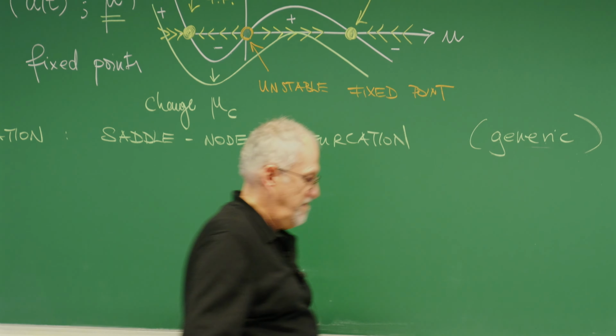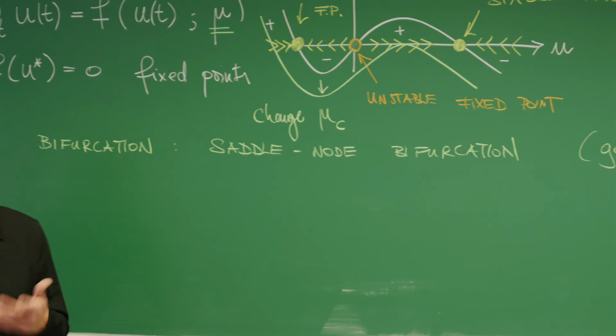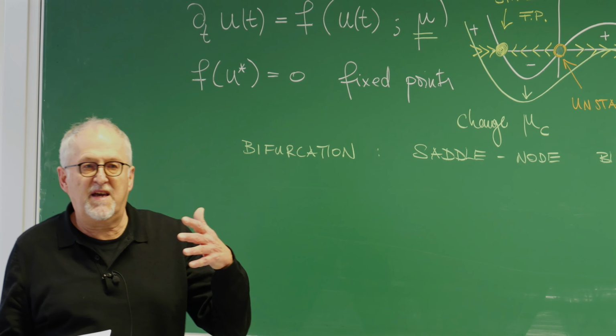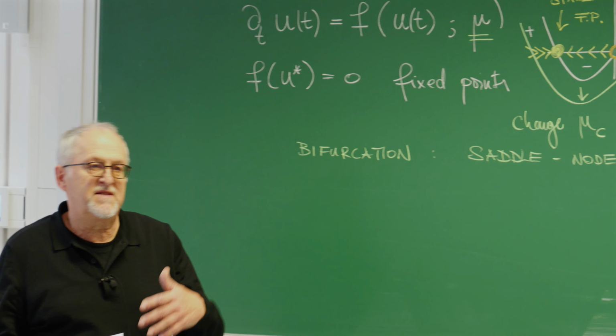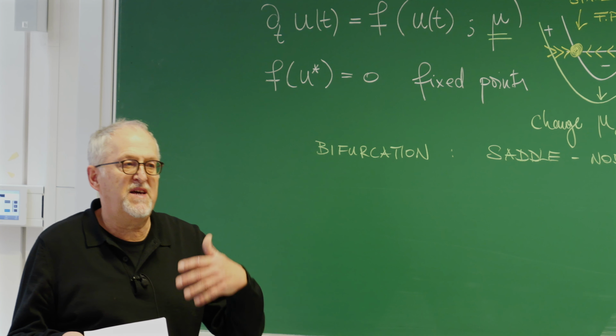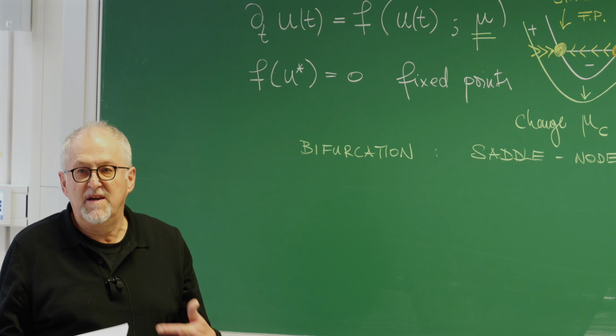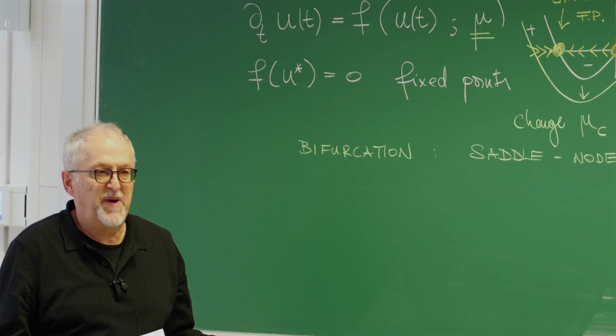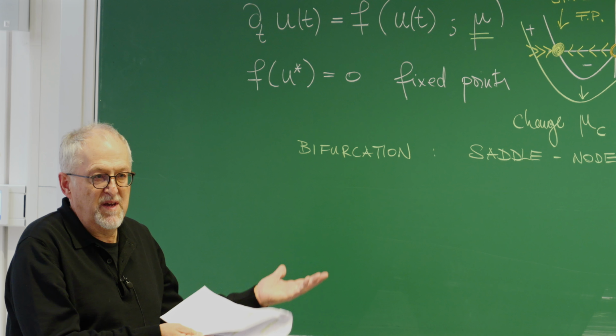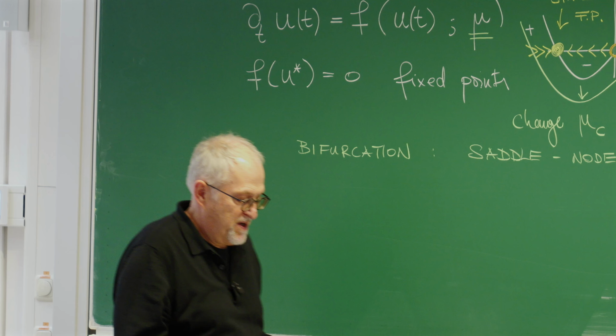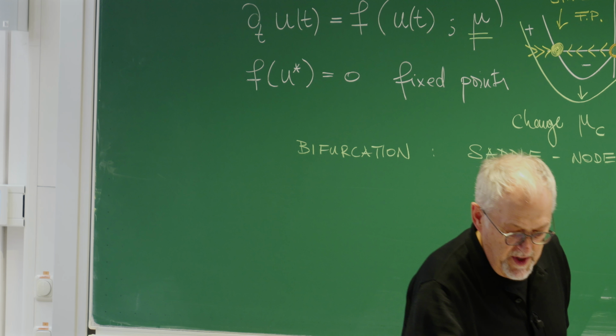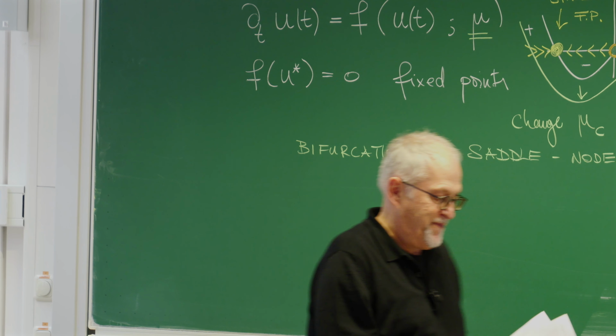That's the generic case. And you can work this out formally just by saying, let's take a function and assume it has fixed points, and let's make a Taylor expansion around that. And then you will see, as you make Taylor expansions, this is the only typical case that you find when you study bifurcations.